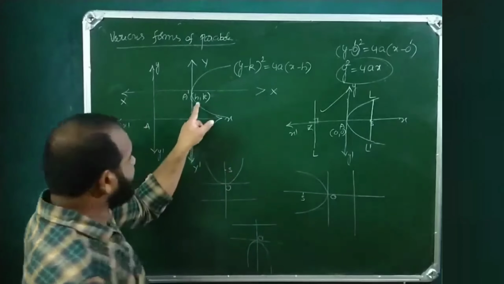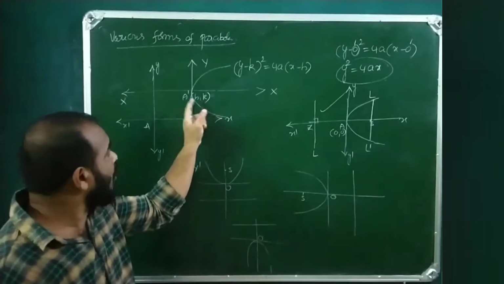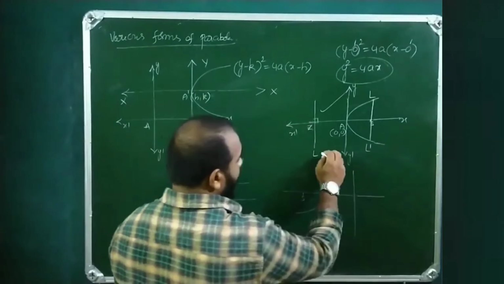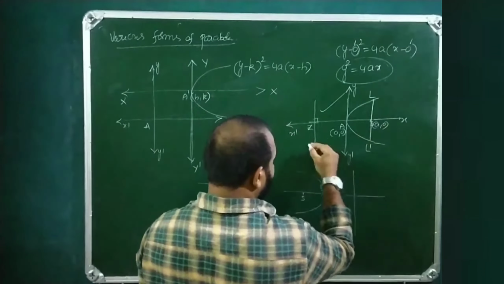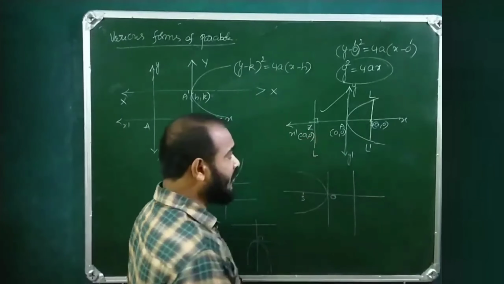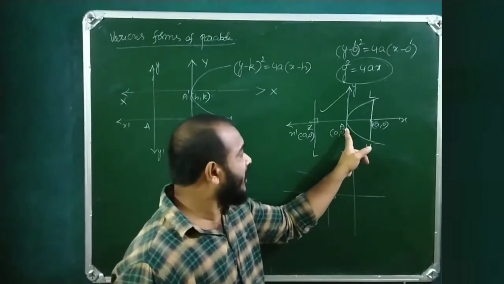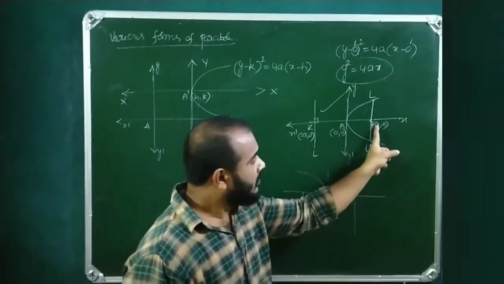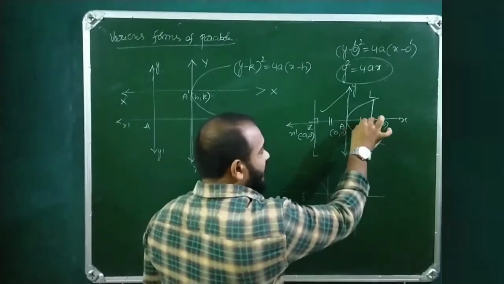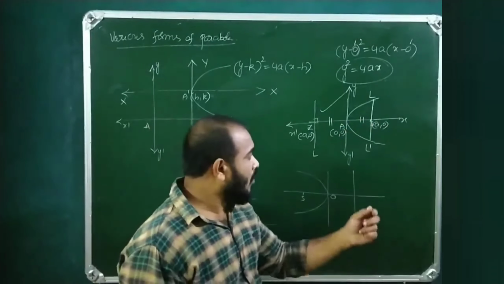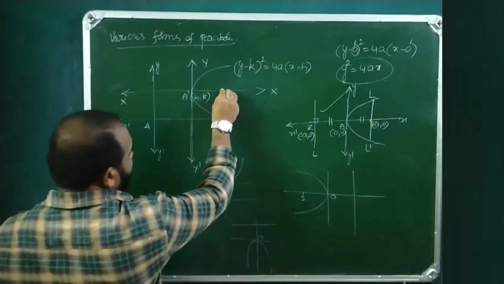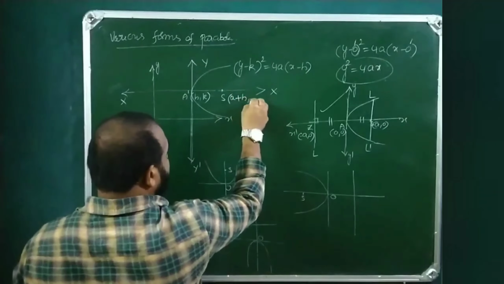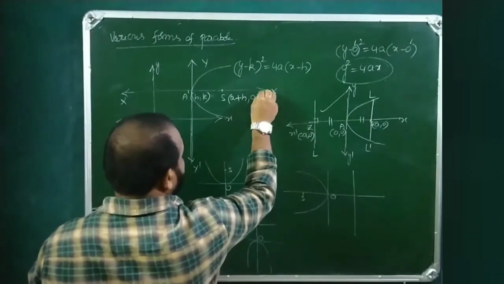Therefore, the vertex is at the new origin which is A dash. Here this is a comma 0 and this is minus a comma 0, because the vertex is acting like the midpoint of the foot of the directrix and the focus. This is equidistant. So now the focus is a plus h comma 0 plus k.